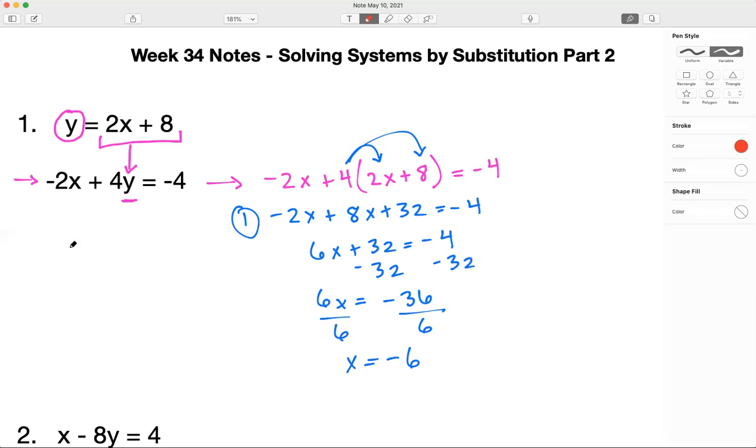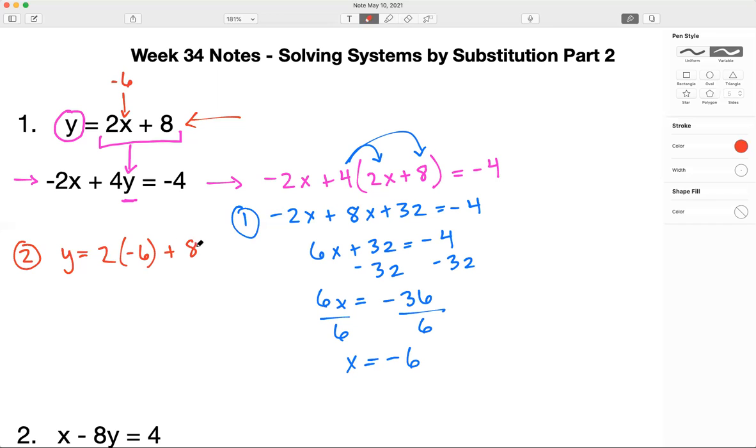The next step is to plug in the value of x into the simpler equation. What is the simpler equation? Well, I would say it's this first one right here. That's the simpler equation. So we're going to take x and plug that back in. So y equals 2, and then instead of writing x, I'm going to write negative 6 because that is what x is, right?